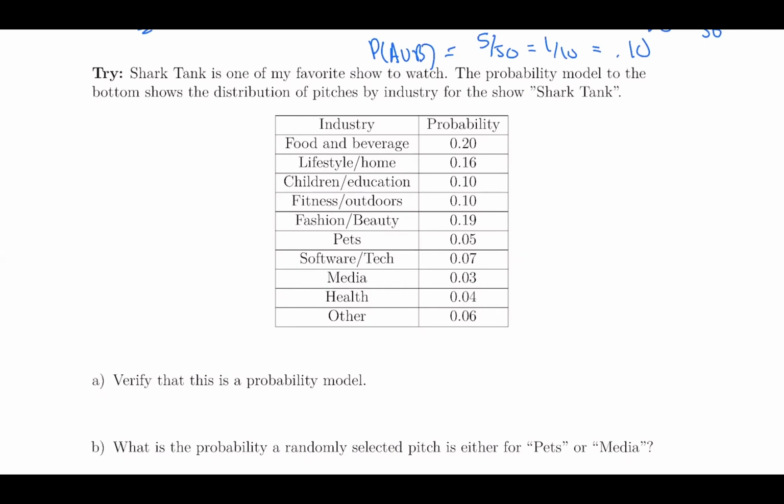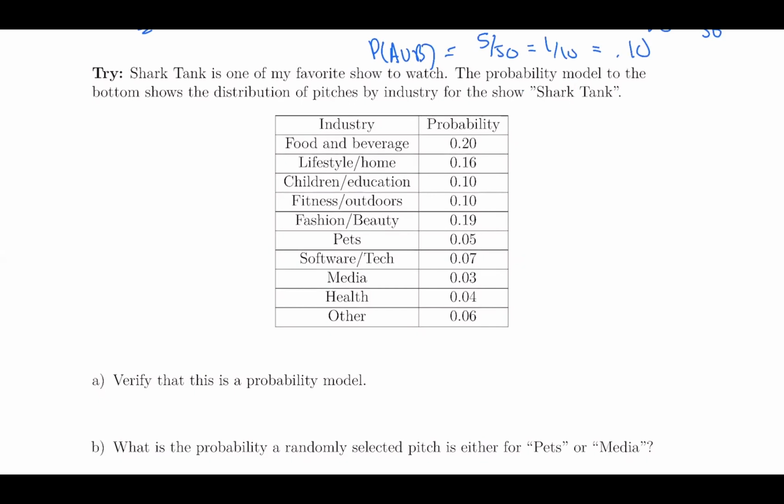For the first one, food and beverage, 20% of the pitches on Shark Tank are for food and beverages. The next one, lifestyle/home, is 16%. Children/education is 10%, and so on and so forth.